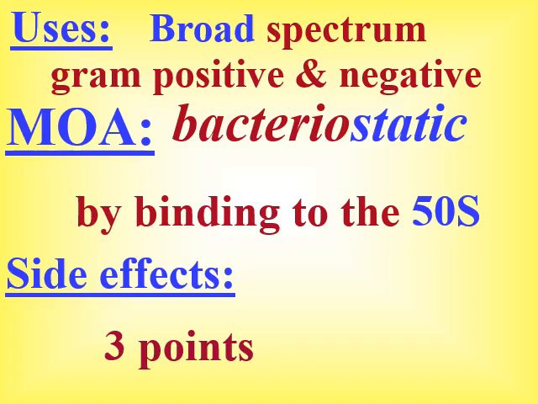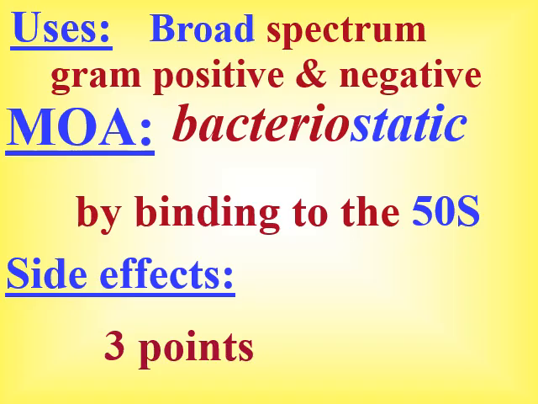Chloramphenicol is obtained by fermentation of Streptomyces venezuelae, and its chemical structure was established very quickly, so it is now produced by total synthetic route. Chloramphenicol is a broad spectrum, so it is active against gram-positive and gram-negative.